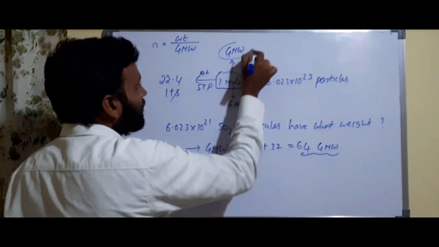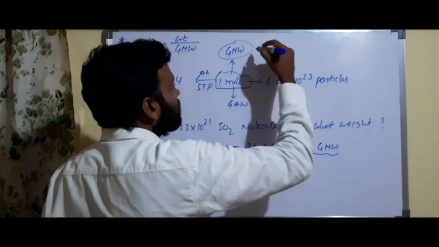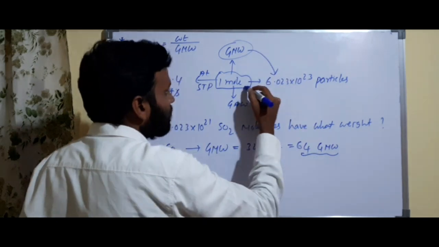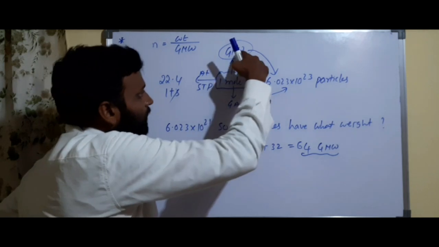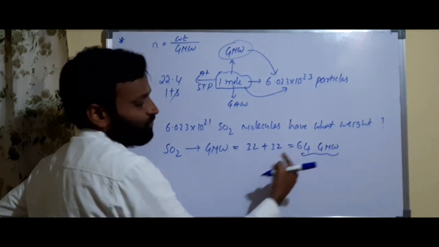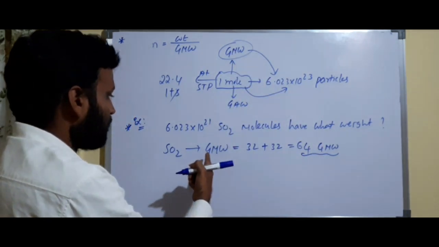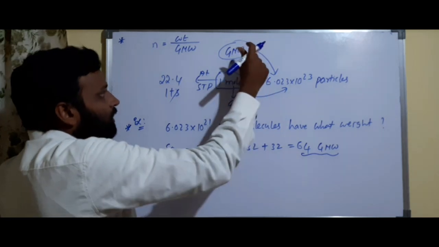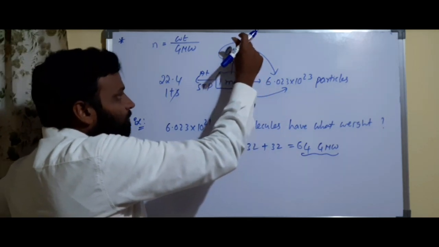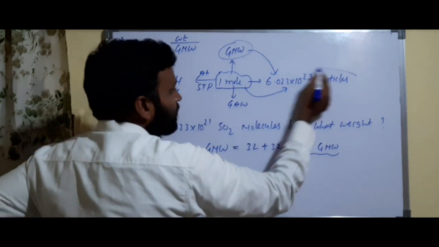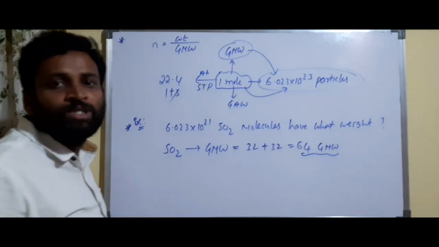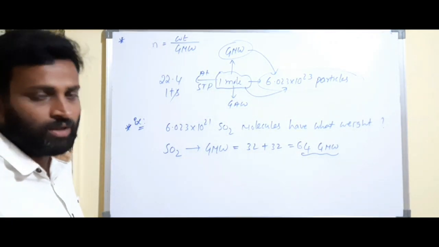So the gram molecular weight is equal to this many particles, which equals 1 mole. Correct? Now the gram molecular weight of SO2 is 64. The gram molecular weight of SO2 has how many SO2 molecules? 6.023 into 10 power 23 molecules.